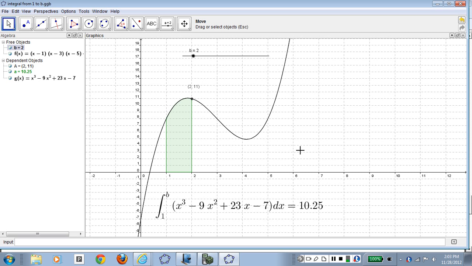We would expect the total amount of area to increase by 11 times that 1/10, so about 1.1. So if I go from 2 to 2.1, I go from 10.25 to what? 11.3 something maybe?